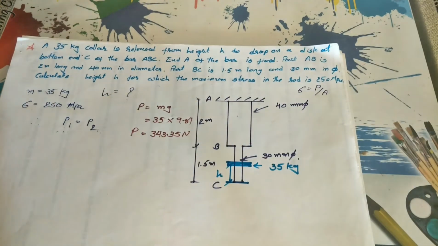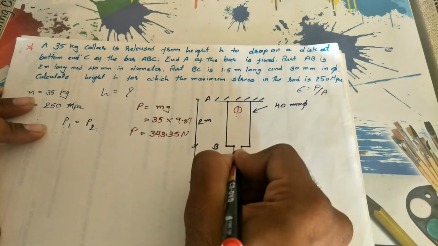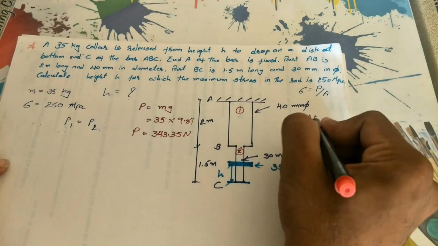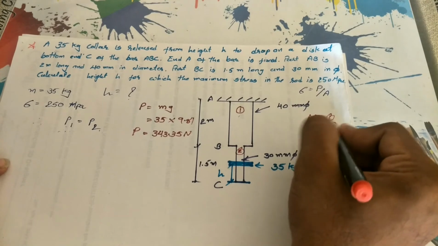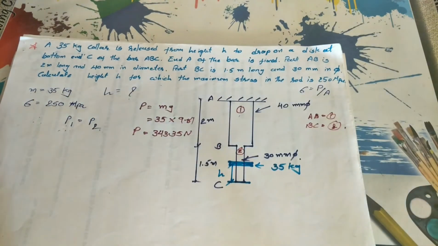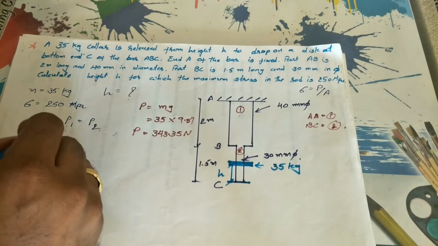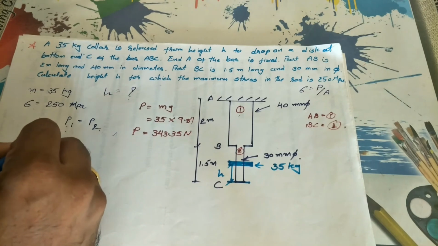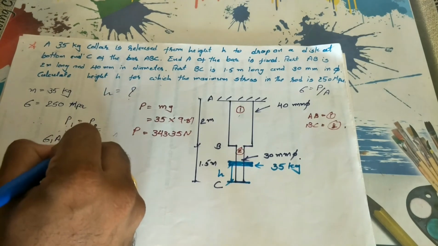Let us consider AB as your first part and BC as your second part. For P1 equals P2, using this equation we find the stress in 1 and the stress in 2.